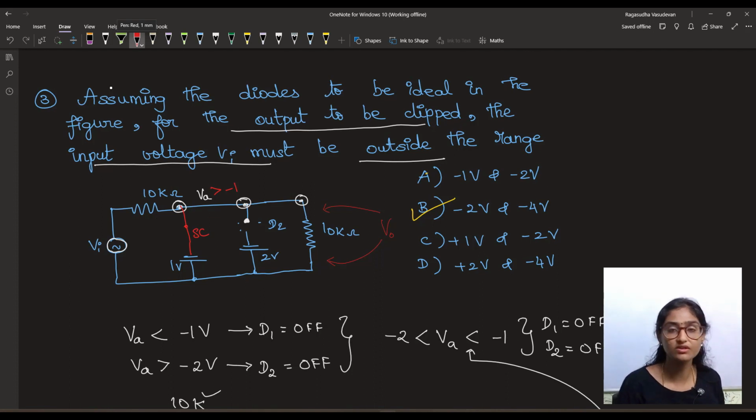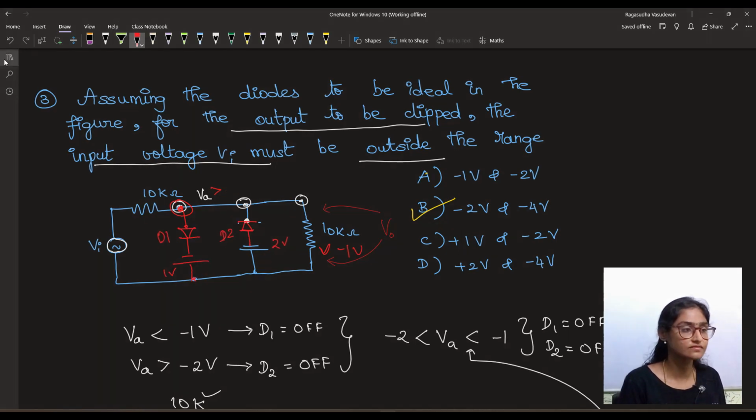D1 will be short circuited because it's functioning, and D2 will be open circuited. Okay. So what is V0? V0 will be minus 1 volt. Because of this short, there is only a battery connected between these two ends, and the potential across this will be the potential across 10 kilo ohm, because both these branches are in parallel. VA is minus 1 volt.